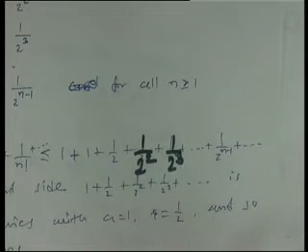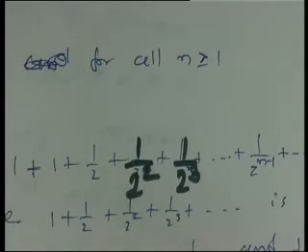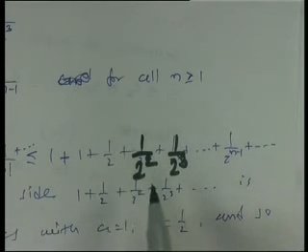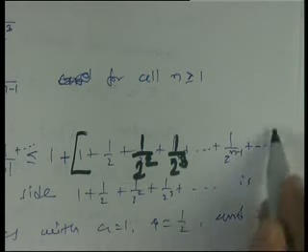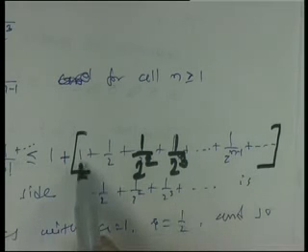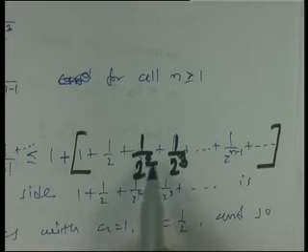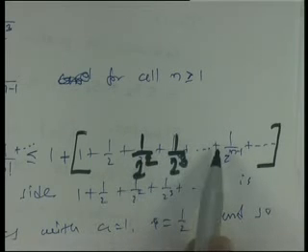Here we can see that this is actually a geometric series with ratio 1 by 2. If I consider from here, the first term is 1, ratio is 1 by 2. So this is a geometric series. Since the ratio is less than 1, this is a convergent series.